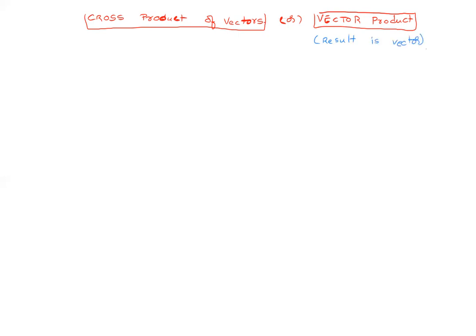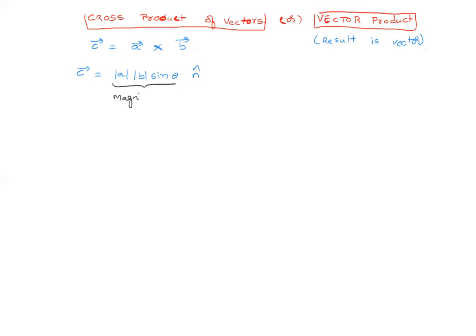So if you are doing cross product, C bar is A bar cross B bar. You will calculate the cross product as C bar equals mod A mod B sin theta into n cap.